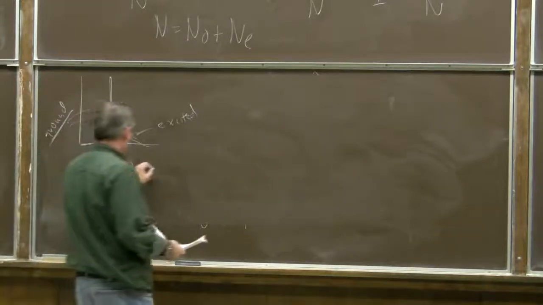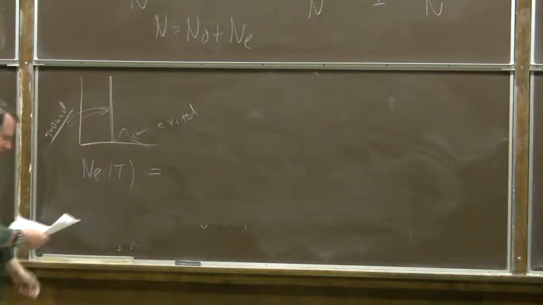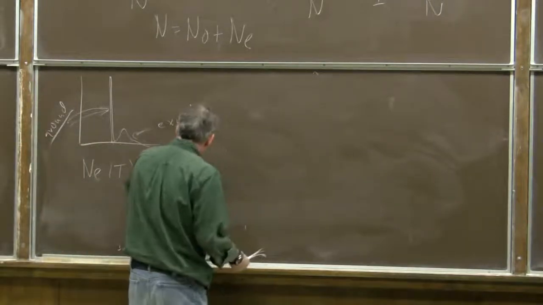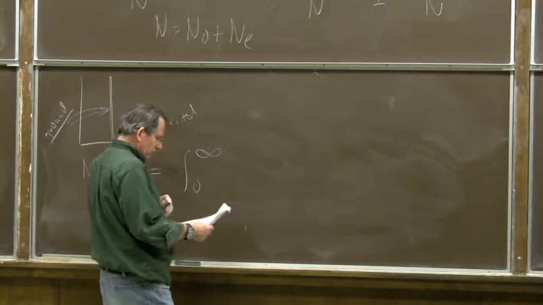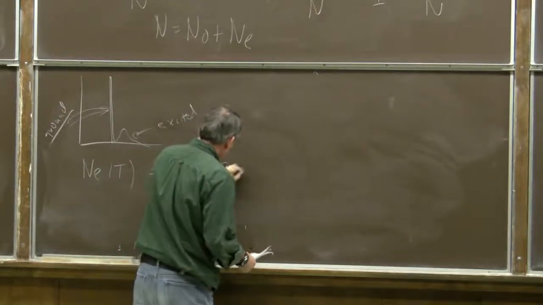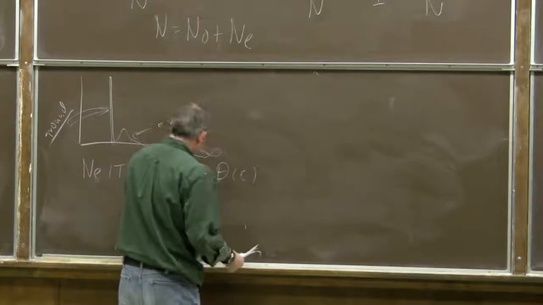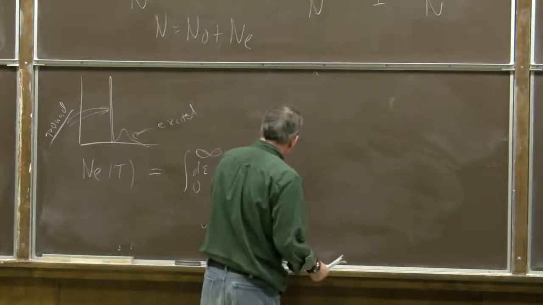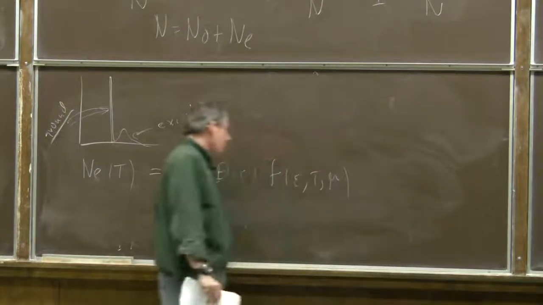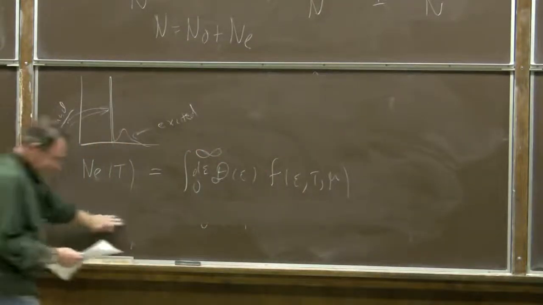But we might want this formula available in case we need it later. We're going to integrate from 0, the energy of the ground orbital, up to infinity, density of states per unit energy, dE, distribution function, which depends on temperature, chemical potential, and energy.